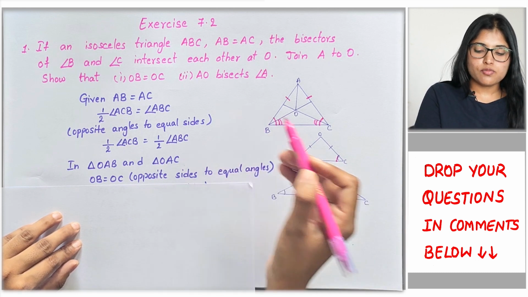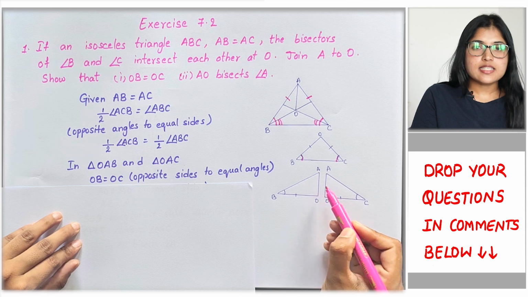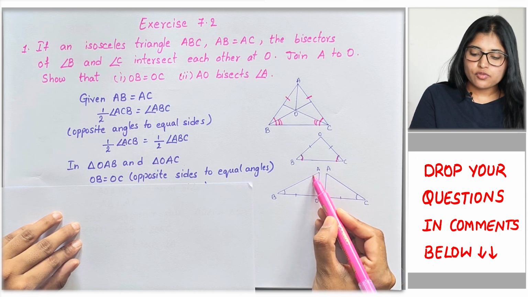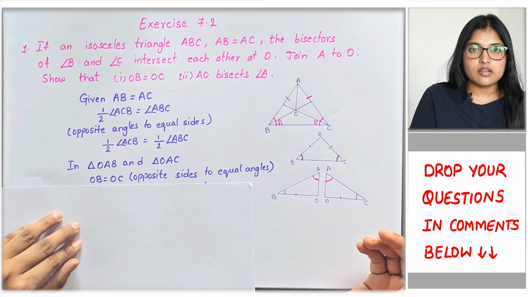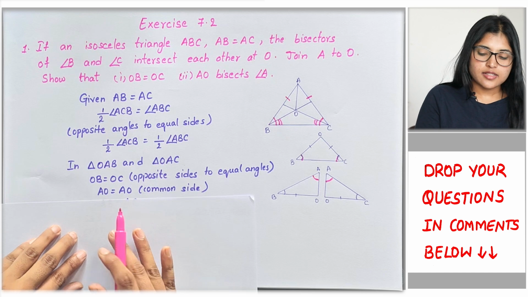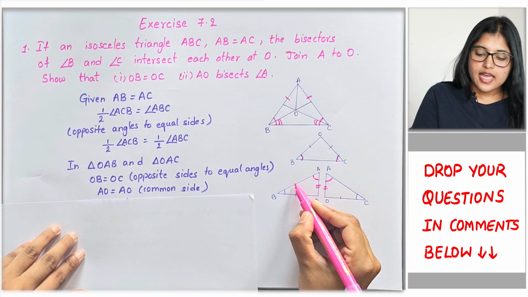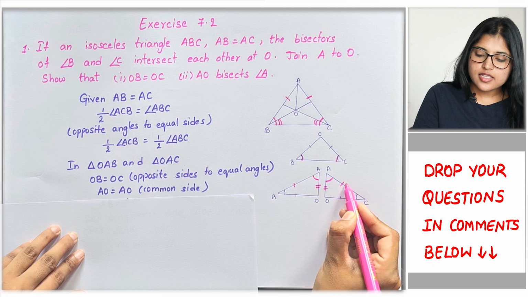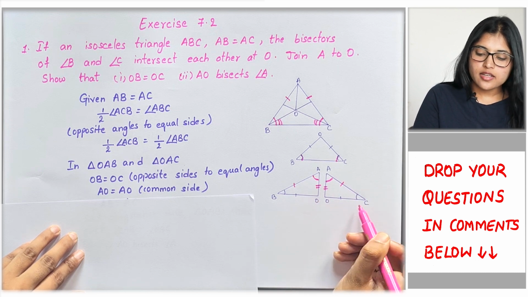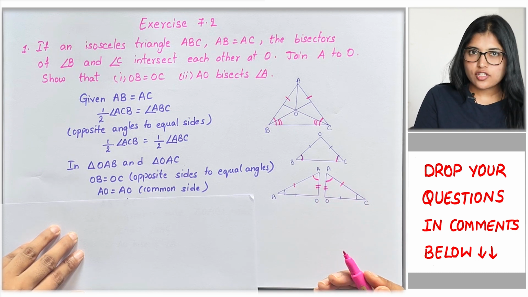The next step is to prove that AO bisects angle A. That means we have to prove that this angle here and this angle here are equal. From these two triangles, I know that AO and AO are common sides. AB is equal to AC, that's given to me, and OB equals OC, that's what we have just proven.